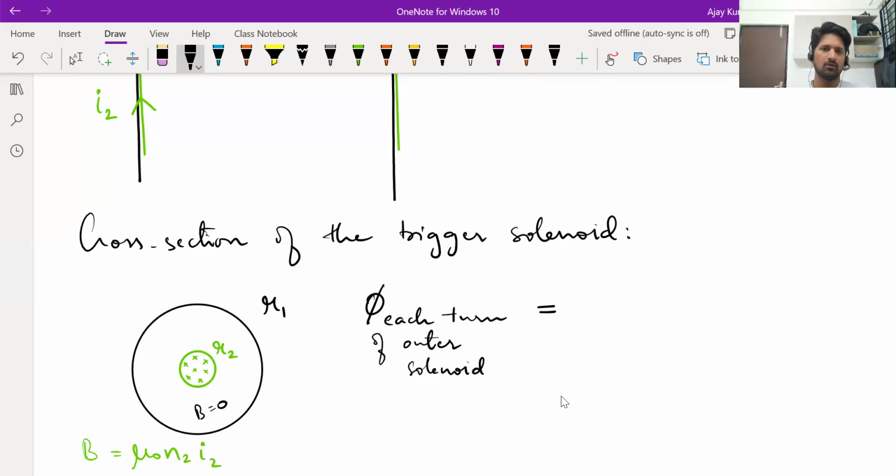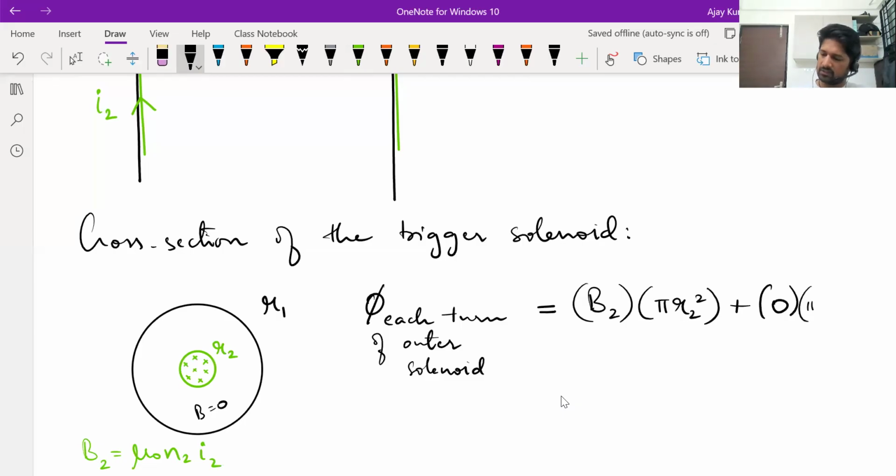So if you want total flux, you have to take the field produced by the second coil multiplied with the area over which that field extends, plus the other field, which is 0, multiplied with the remaining area.